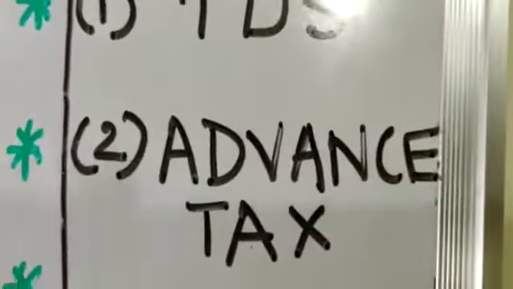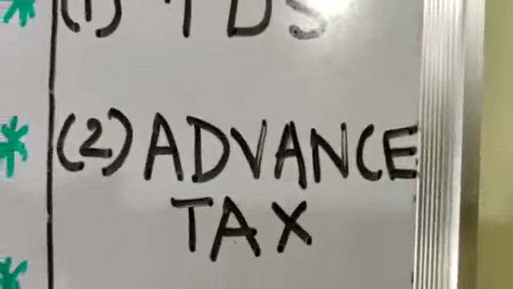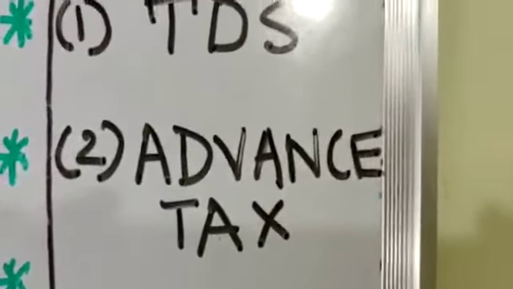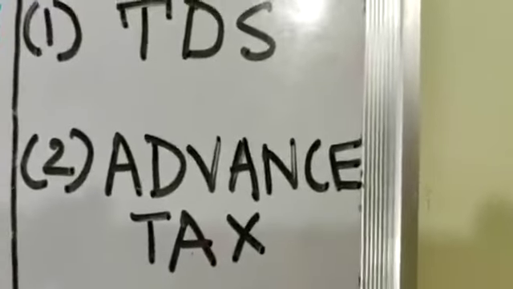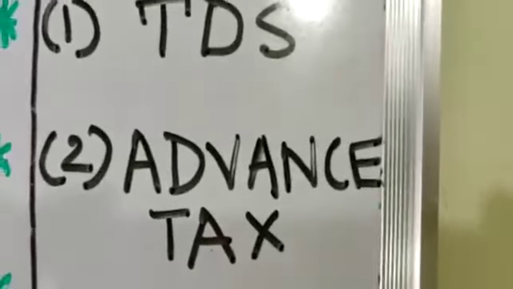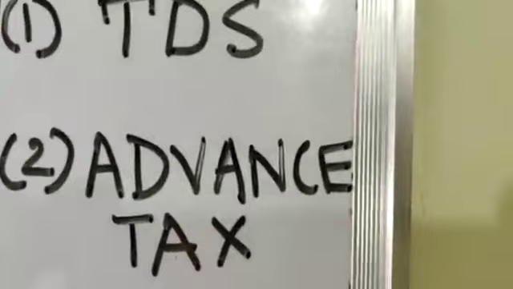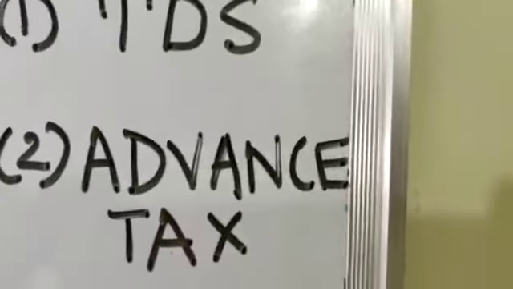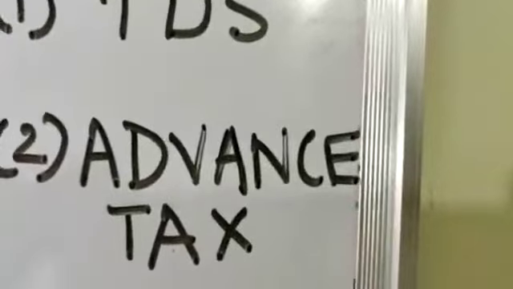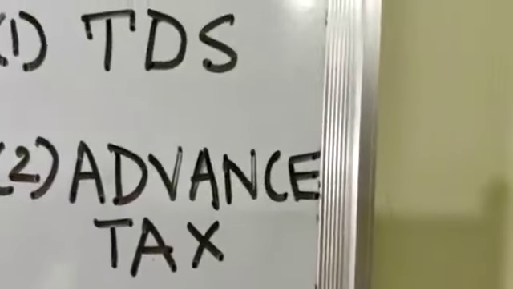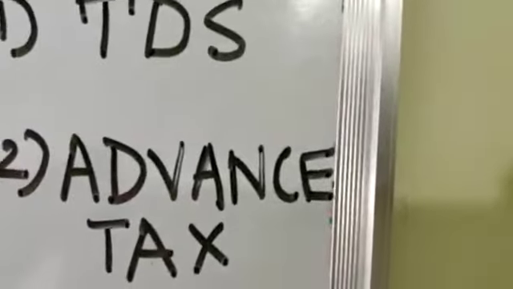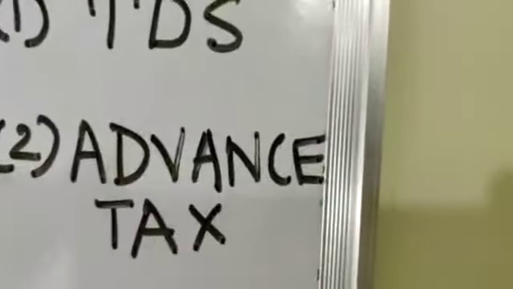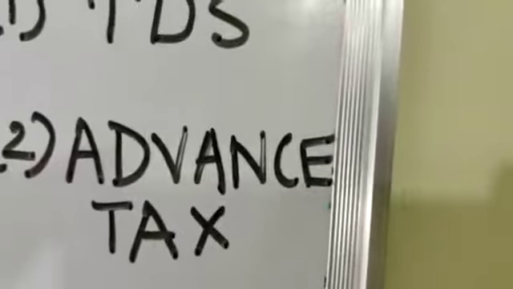Second mode of discharge of tax liability is by way of paying advance tax. What is advance tax? This is the tax I have to pay during the financial year. You know that we have to pay tax on my income earned during the financial year in the assessment year, for the assessment year. So during the financial year, if we pay any tax, that is called the advance tax.